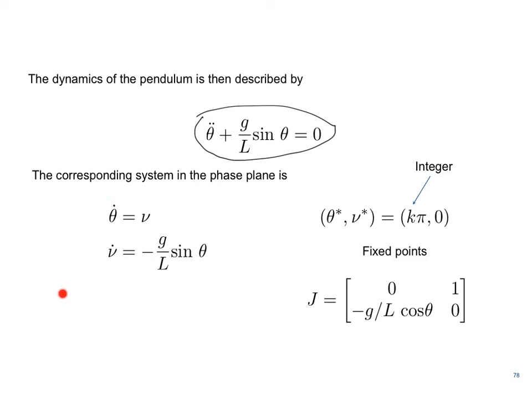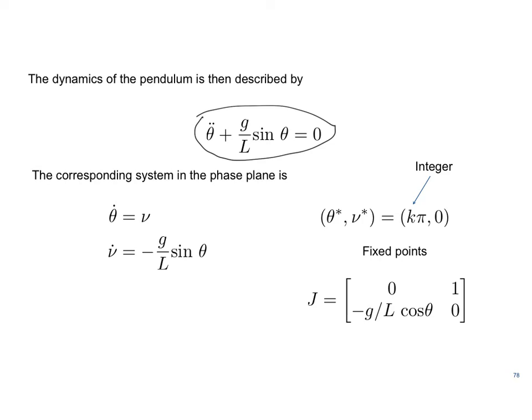Once we do that, then we can find the Jacobian. So the Jacobian is going to be given by this term. You can just derive it by yourself. It's nothing super complicated.